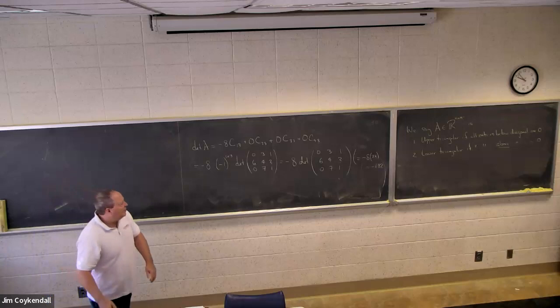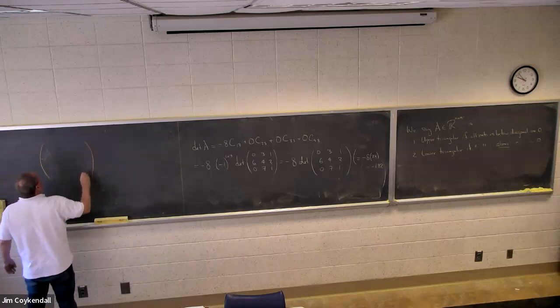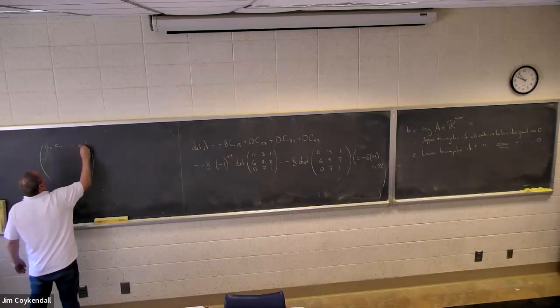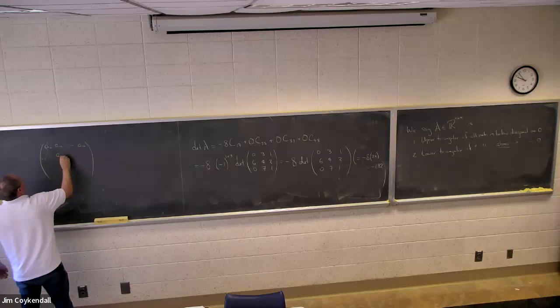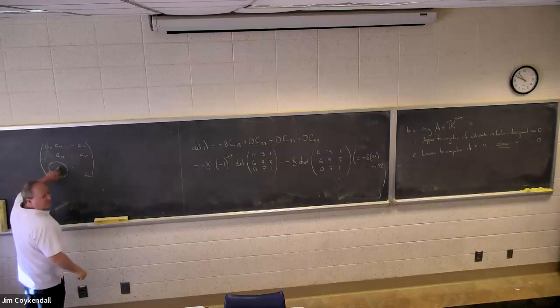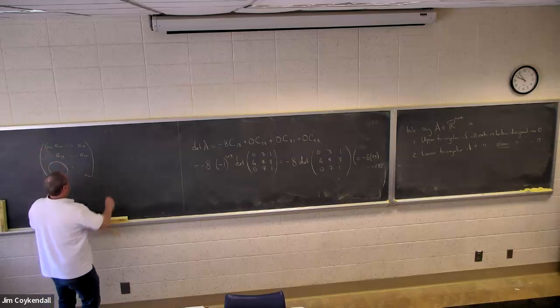But for example, an upper triangular matrix, this is upper triangular. The diagonal always goes from upper left to lower right.